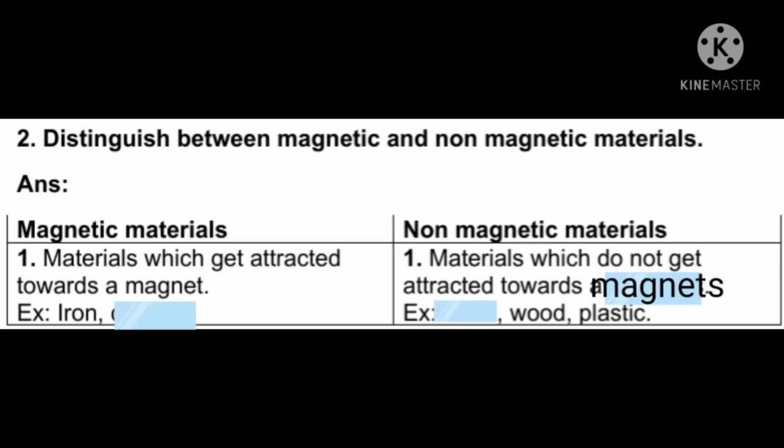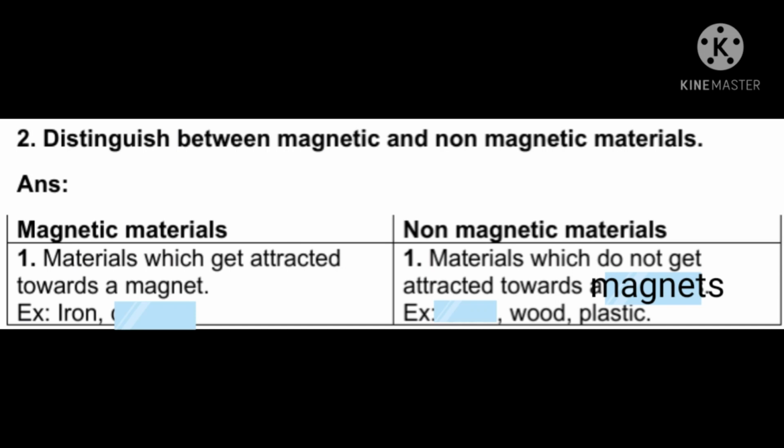Second one, distinguish between magnetic and non-magnetic materials. Magnetic materials are materials which get attracted towards a magnet. Example: iron, cobalt, nickel, steel.